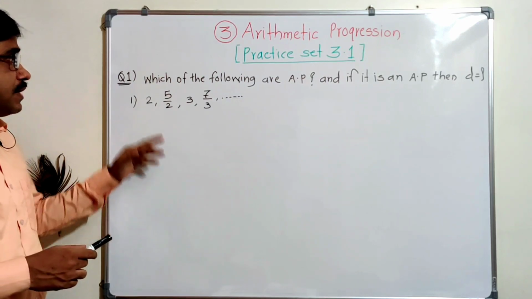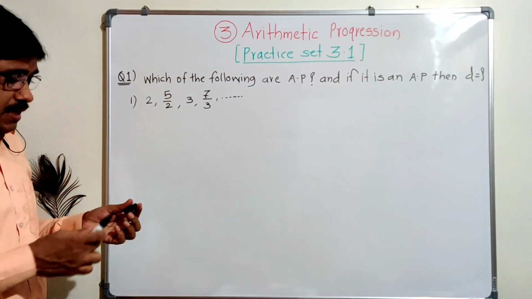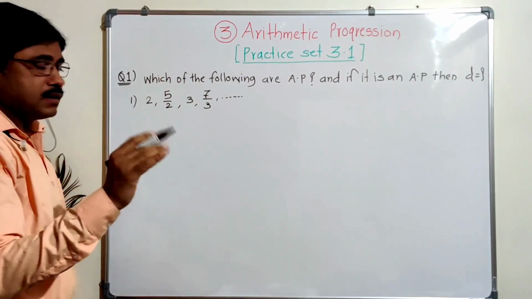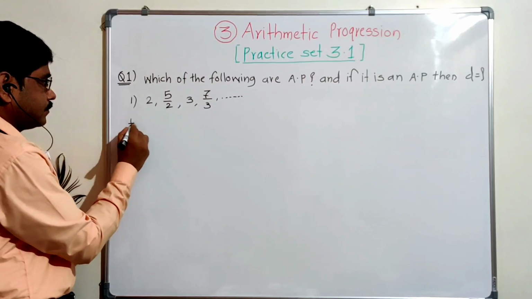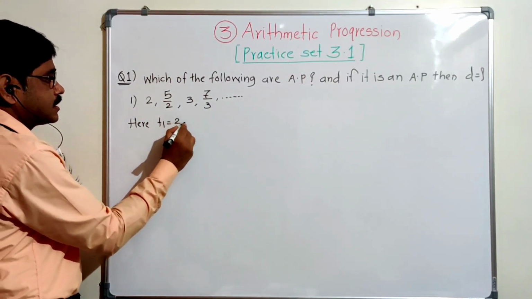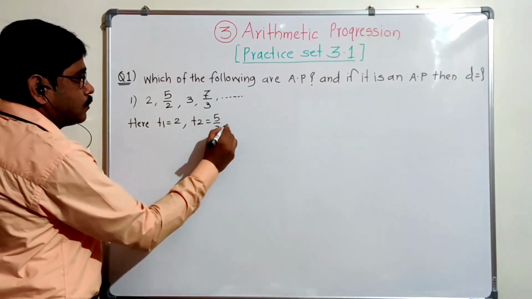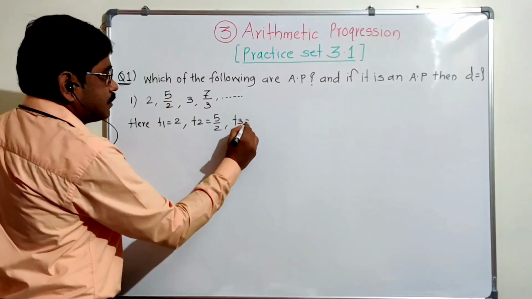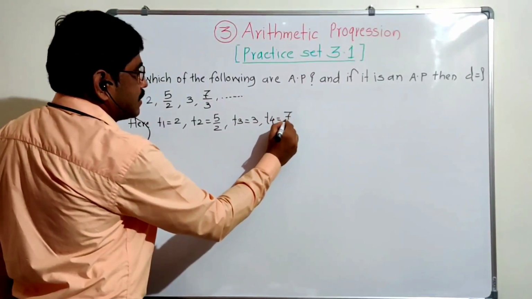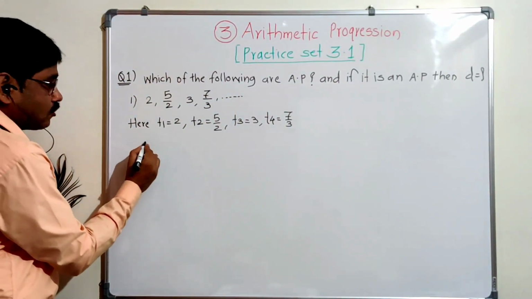Remember, step by step, whenever we have to decide which is AP, so some steps are there. So step by step we have to decide. First write the terms. Here T1 is equal to 2, T2 is equal to 5 by 2, T3 is equal to 3, and T4 is equal to 7 by 3.